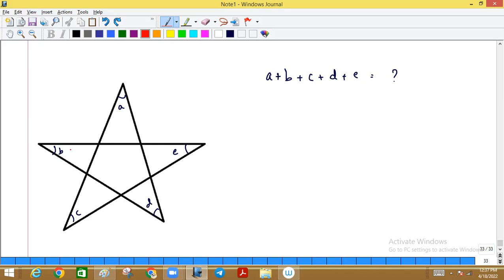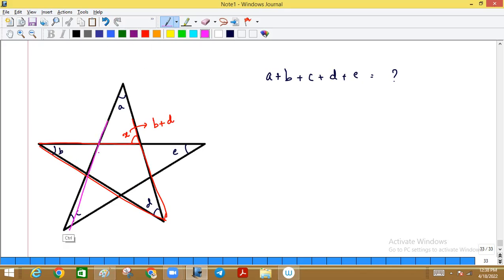Look at this particular triangle. See this triangle. I'm taking it as X. Can you tell me what this X is? Exterior angle of these two triangles. So what is the exterior angle? Sum of interior angles. Can I say it is B plus D? Now look at this.